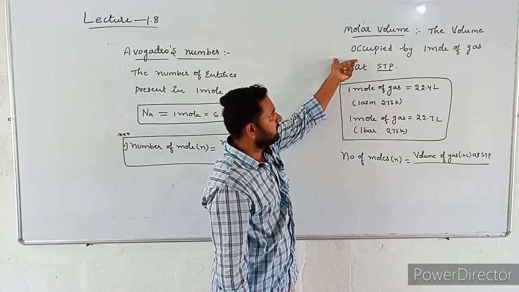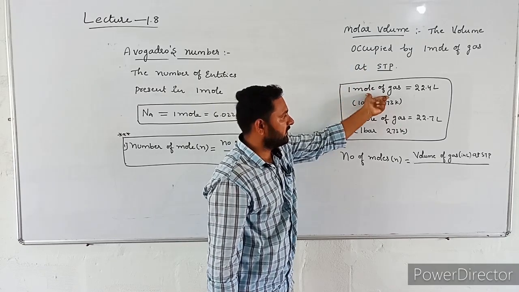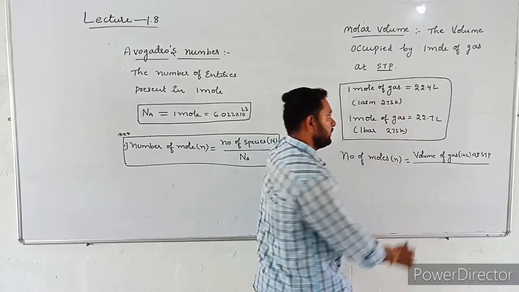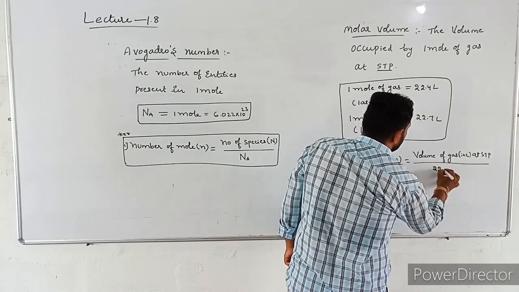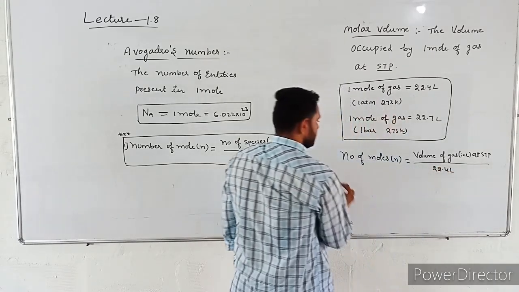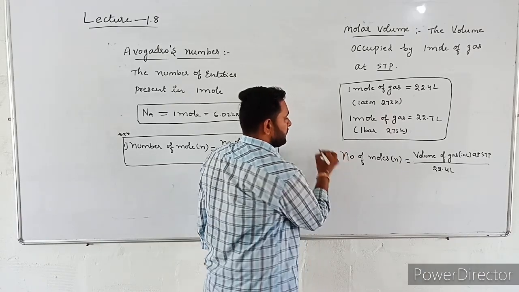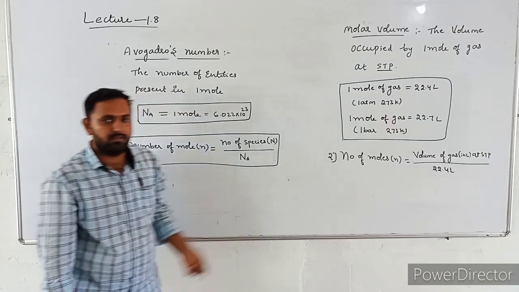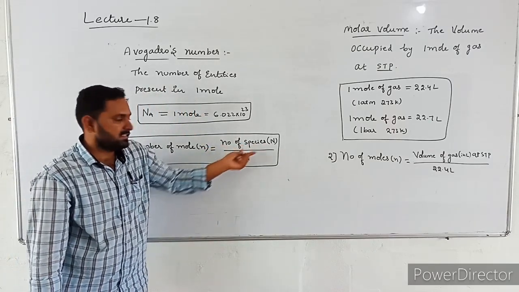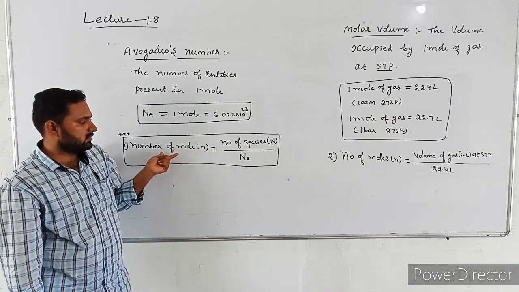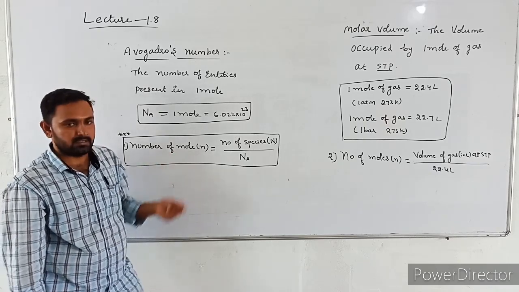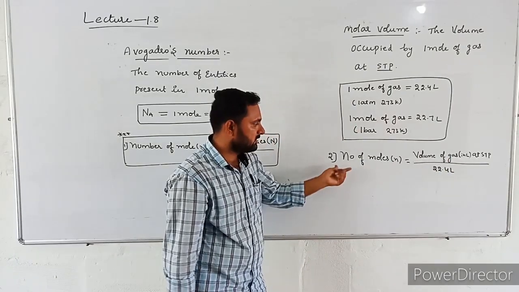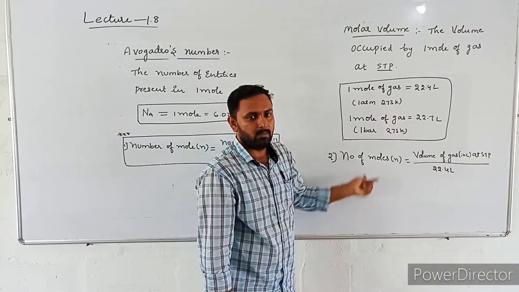The volume occupied by 1 mole of gas. 1 mole of gas requires how much volume? 22.4 liter. This is the second formula. This is the first formula, this is the second formula. When the number of species is given in the question, use the first formula to calculate number of moles. If the volume of gas is given, use this formula to calculate number of moles.